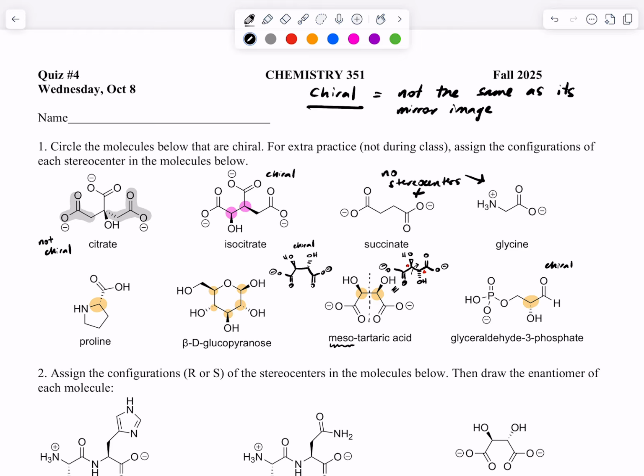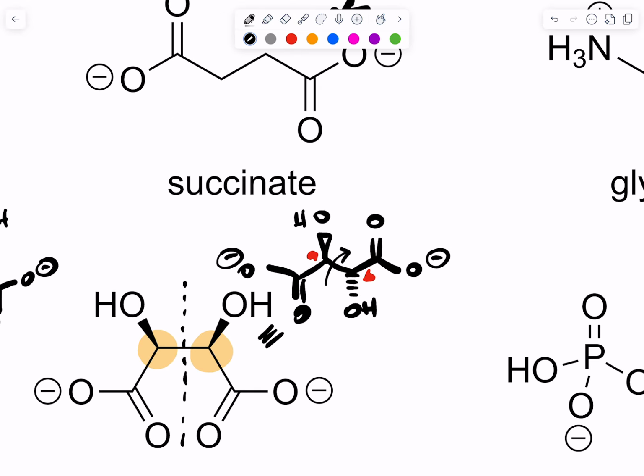If it doesn't have stereocenters, you'll be able to identify a plane of symmetry. If it has stereocenters and has a plane of symmetry, it is not chiral. But as I said, it is easy for me to conceal the plane of symmetry by simply drawing the molecule in a different conformation. So you should be careful of that.